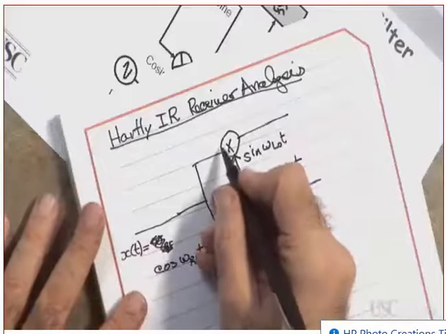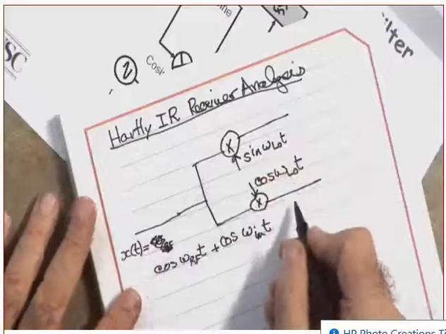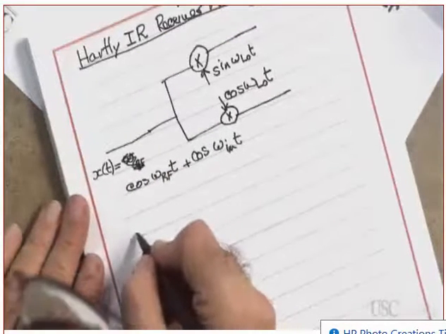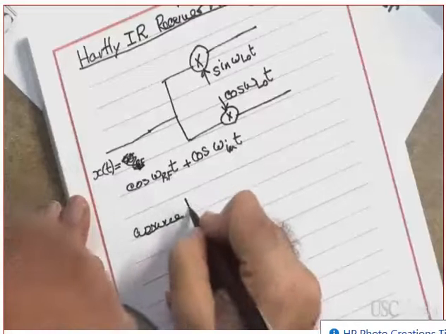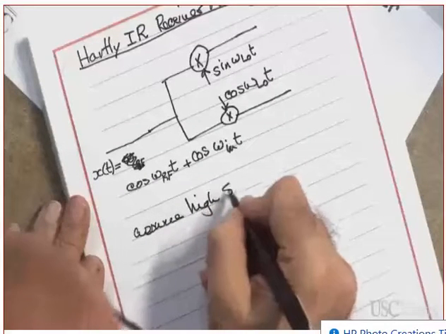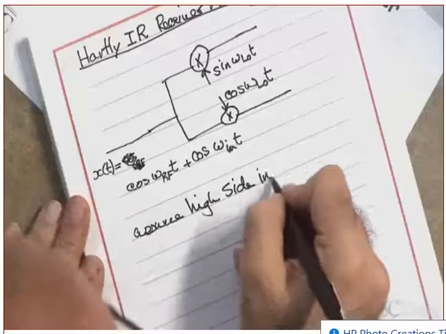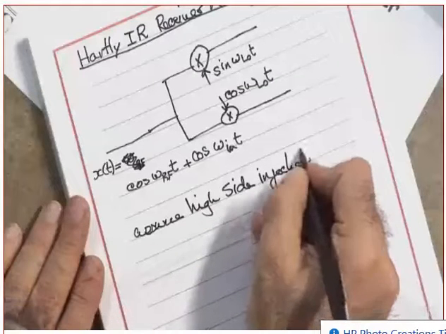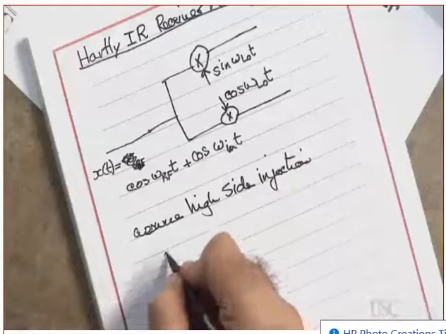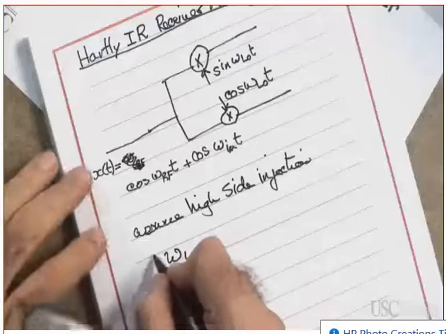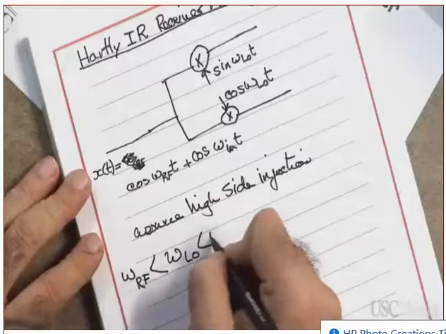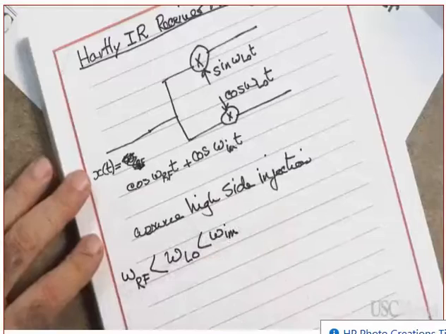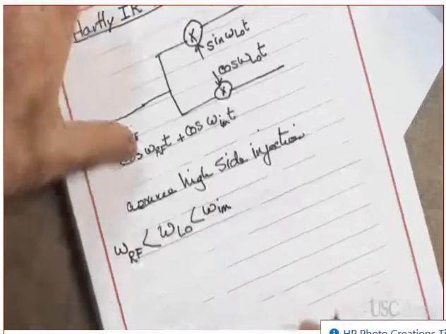This is the I channel, and this is the Q channel. Assume high side injection. High side injection means omega LO is greater than omega RF, but less than omega image. Agree?